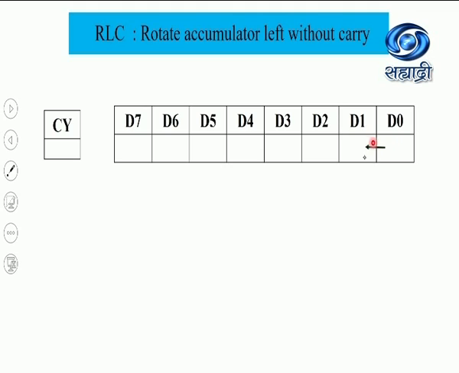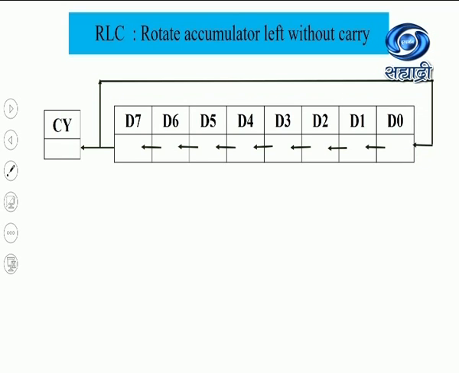Let's see rotate left. So data which is at D0 position comes to D1. Data which is at D1 position comes to D2. So like this data is shifted left. Now D7 goes to carry and D7 also goes to D0 position. In this instruction the carry bit is not rotated.